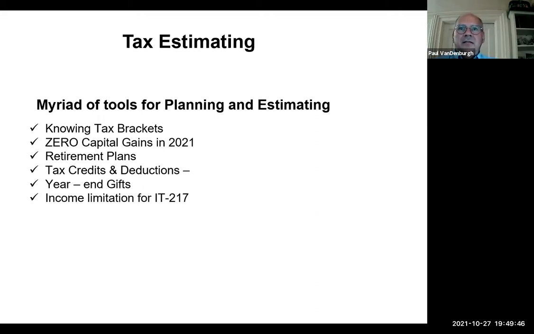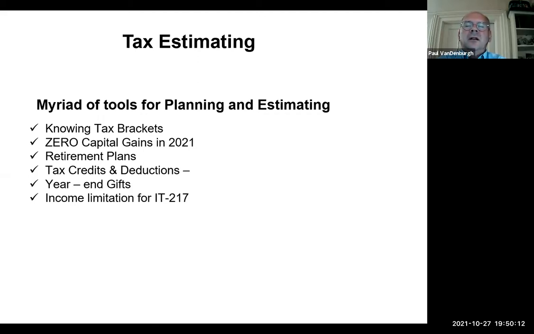Income limitations for IT-217. What in the world is IT-217? IT-217 is one of my favorite forms. It's the New York State Farmers' School Tax Credit Refund Form. We spend a lot of time with our farm clients maximizing their credits, this being one of them. In very profitable years, there is an income limit.